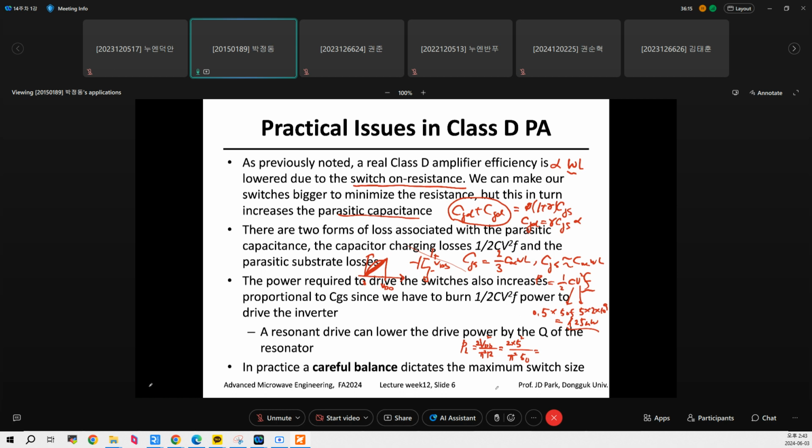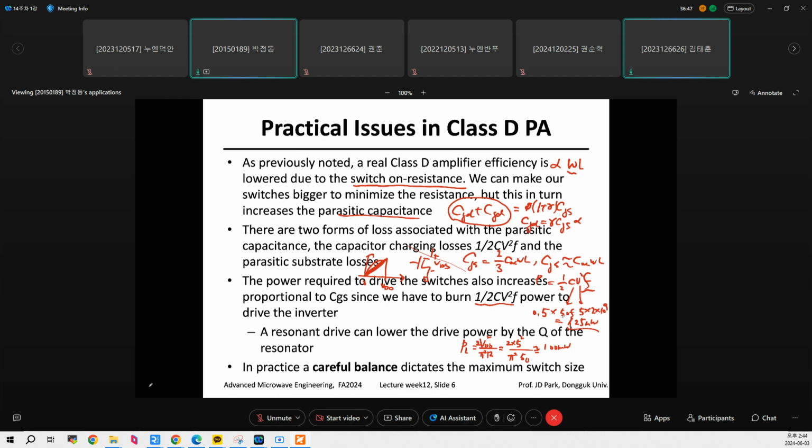What is this value? This is approximately 100. So this charging and discharging itself alone gives this value.